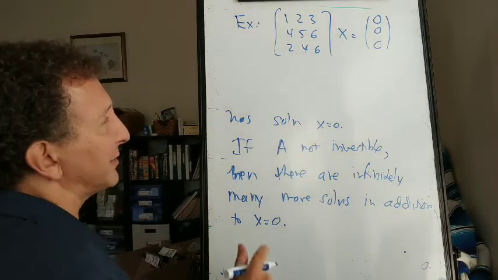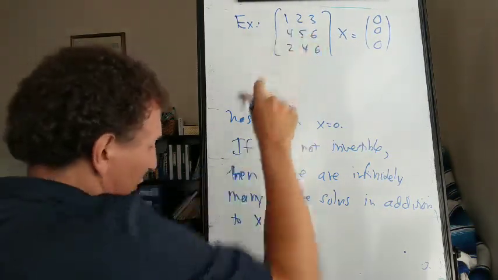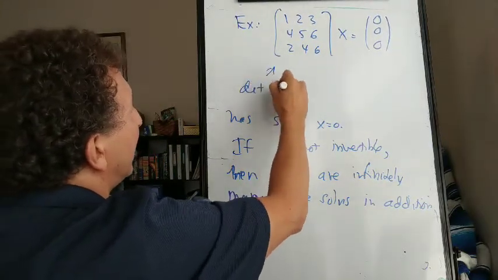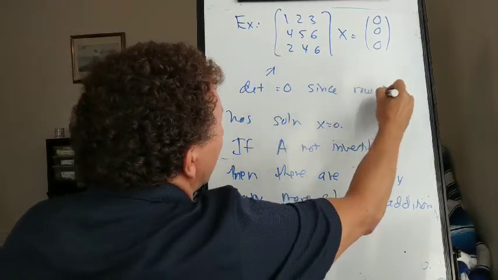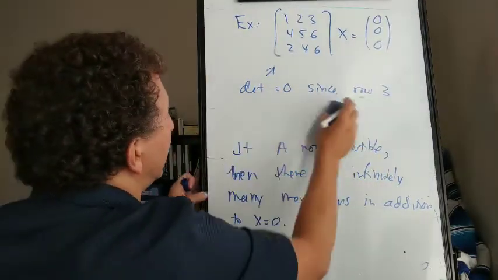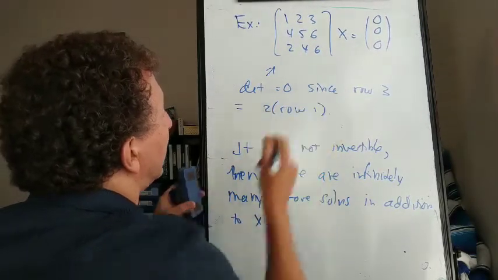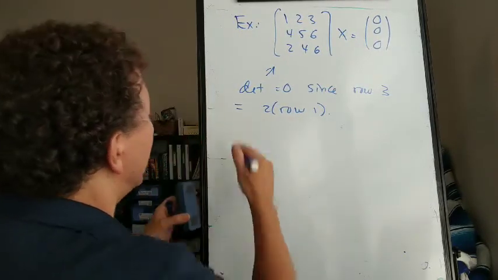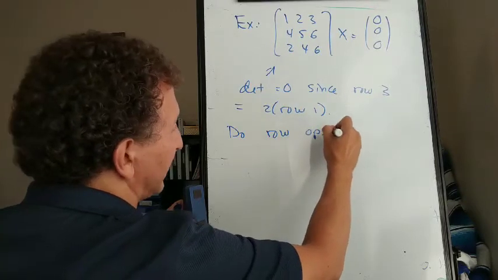Now this matrix has determinant 0 because we can see that the third row is a multiple of the first row. So let's do row operations to solve this.